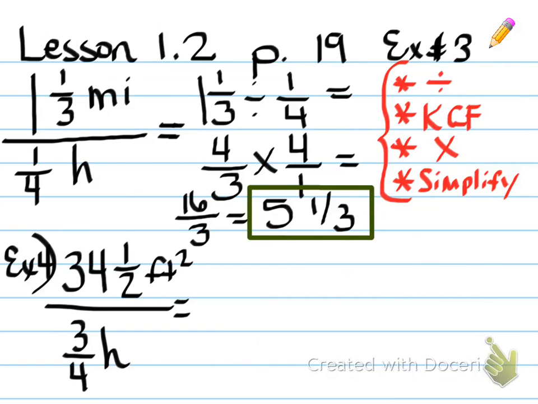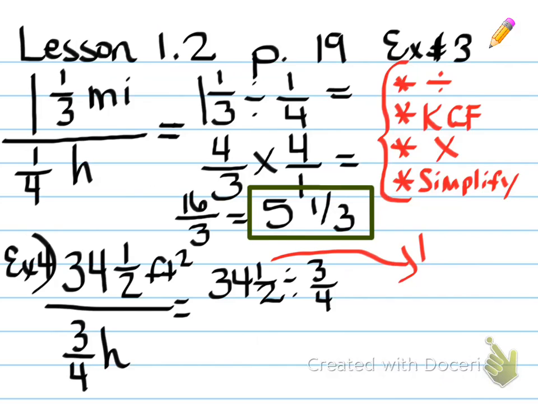She painted 34.5 square feet in 3/4 of an hour, and so I'm going to rewrite that problem as 34 1/2 divided by 3/4. Again, just a reminder, I need to change the mixed number.